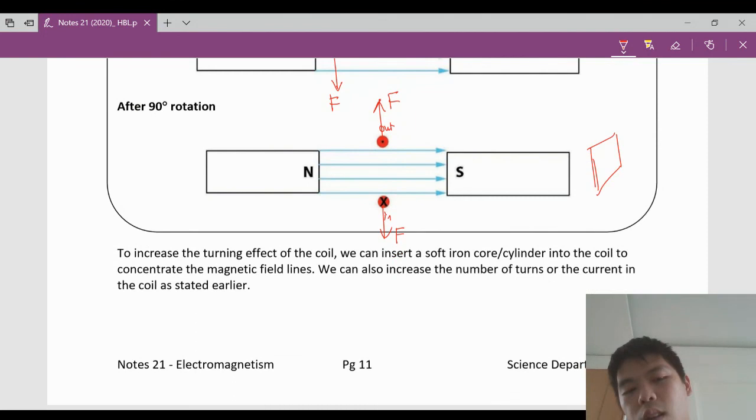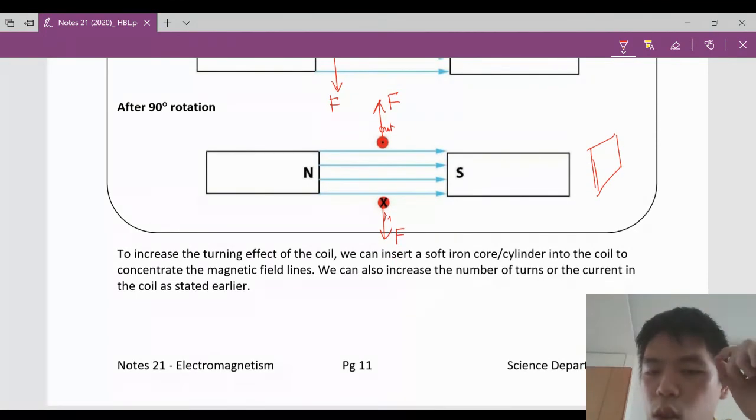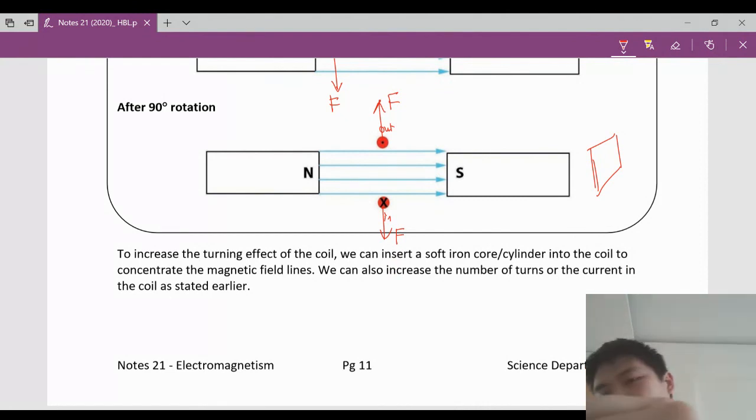Now, to increase the turning effect of the coil, we can insert a soft iron core cylinder into the coil to concentrate the magnetic field lines passing through the coil. We can increase the number of turns at the same time. So there are a few things.